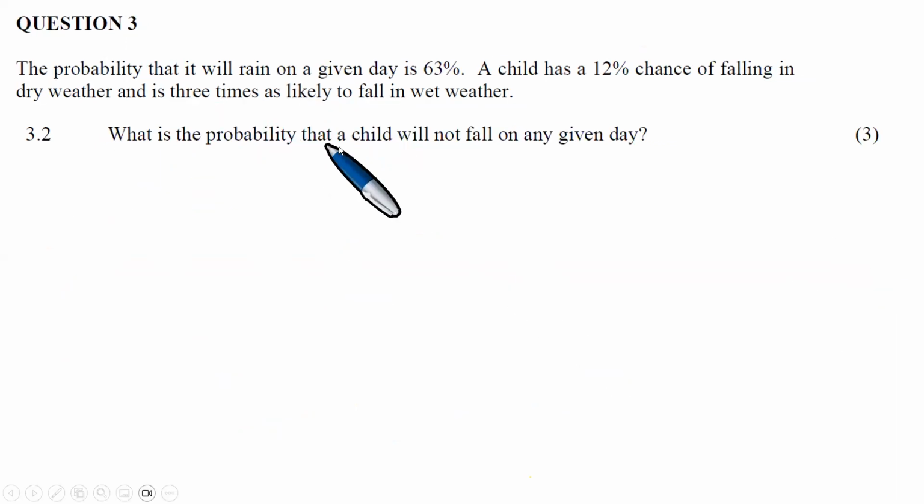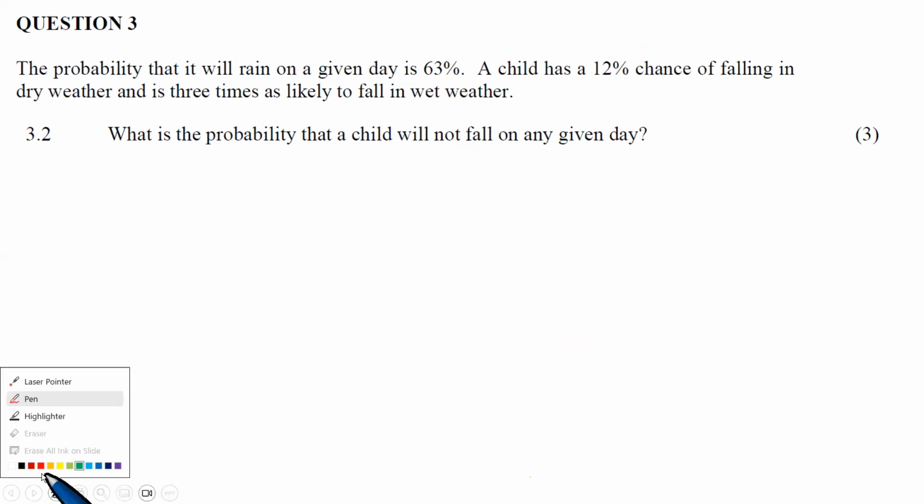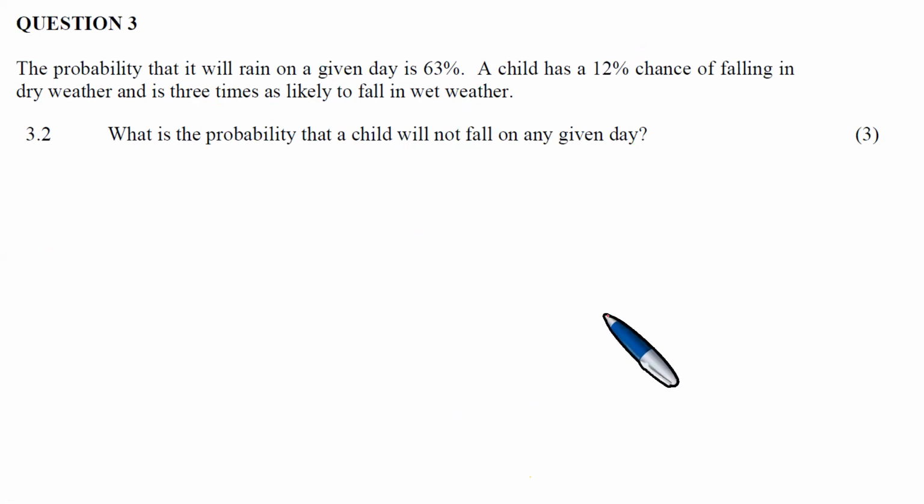What is the probability that a child will not fall on any given day? The child does not fall on any given day. Right, so let's look at this question. I'm just going to draw these quickly because we can only do this if you look at the tree diagram. So either it rains or there is no rain. The rain is 63% chance.